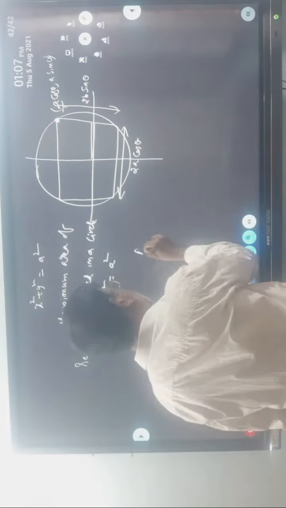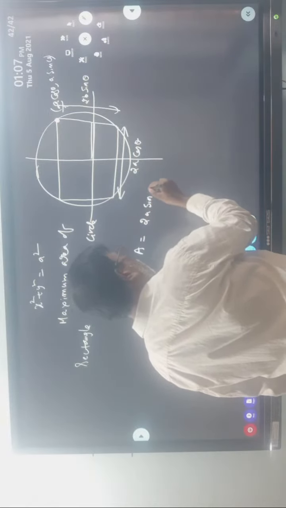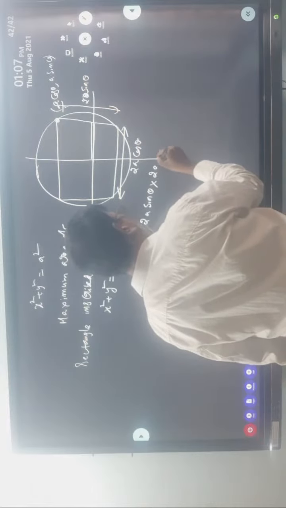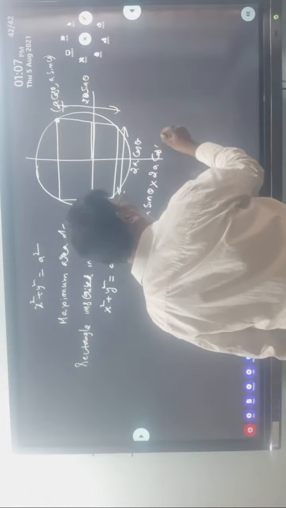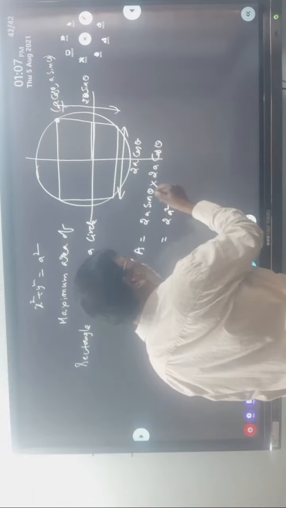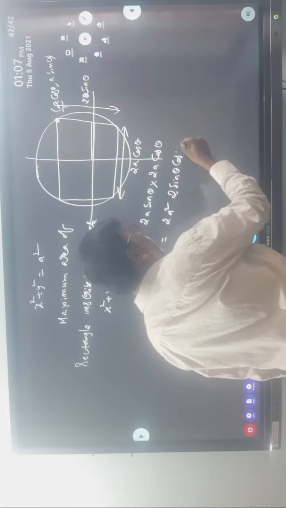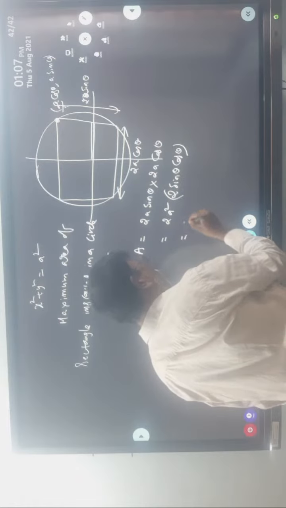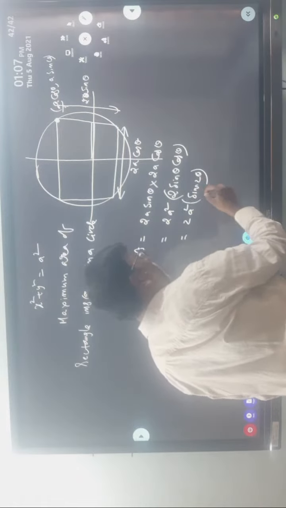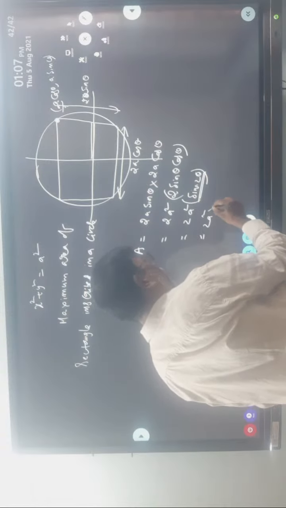Area A equals x into y: 2a cos theta into 2a sin theta, so that is 4a square sin theta cos theta, which is 2a square into 2 sin theta cos theta. We take it as 2a square sin 2 theta. Remember, the maximum value of sin 2 theta is 1, so 2a square into 1.